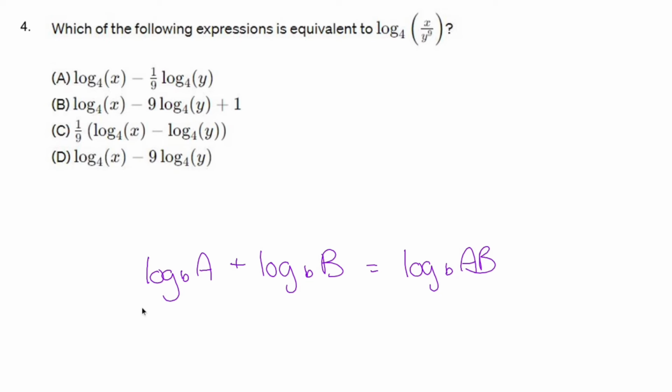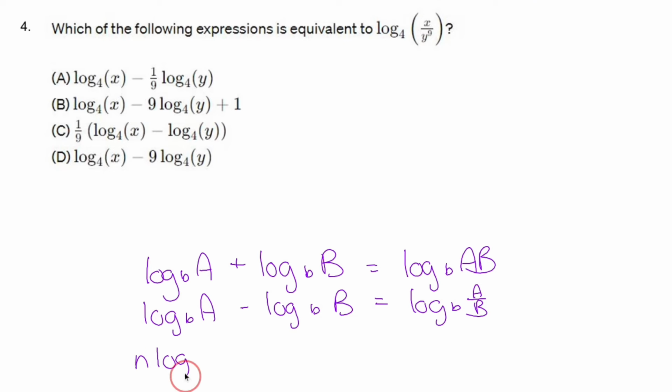We also know that if we have log base b of big A minus log base b of big B, we combine those through division, so A over B. And if we have something like n log base b of big A, we can bring that n up here and make that log base b of A to the n. Your teacher probably used different letters, but it's the same idea.